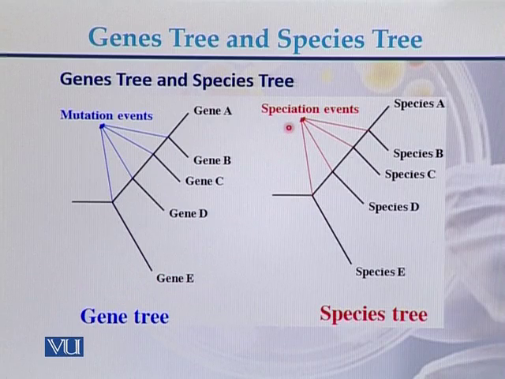On the other hand, a species tree is due to the event called speciation. As a result of speciation, different species emerge.